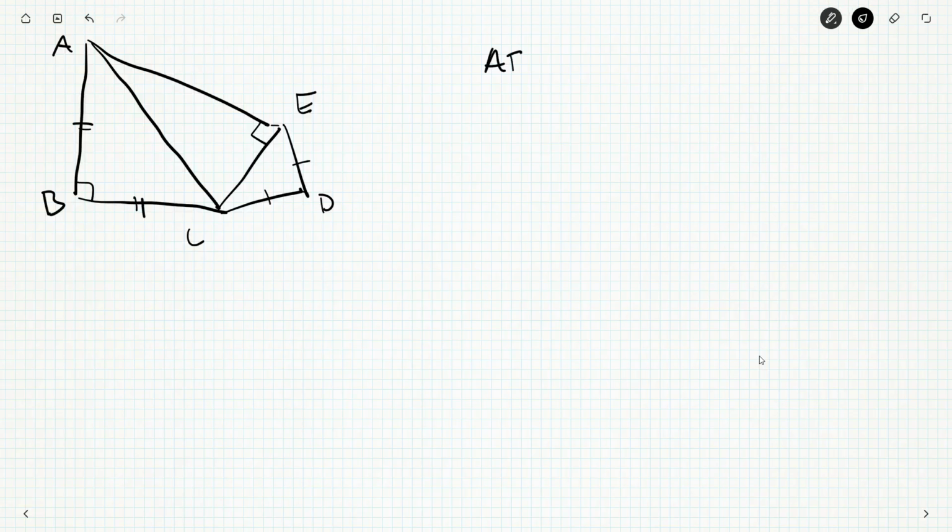So I might say something like ABC is isosceles. So angle ABC is equal to angle, or sorry, not ABC, BAC. BAC is equal to BCA.